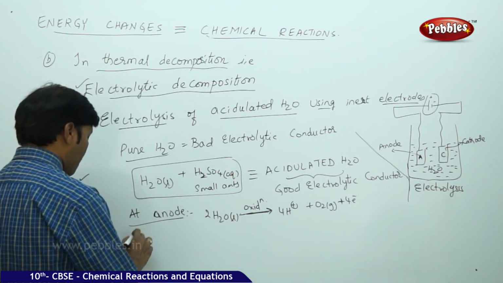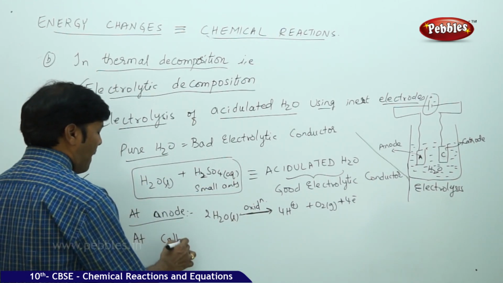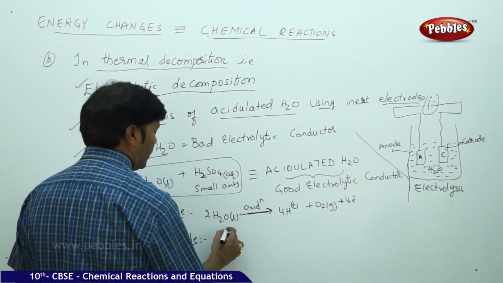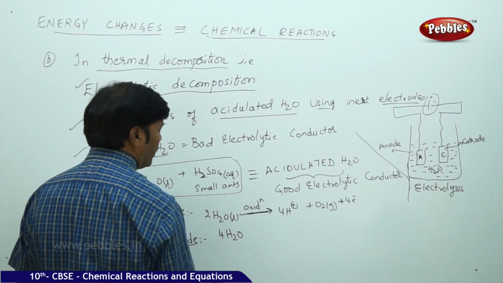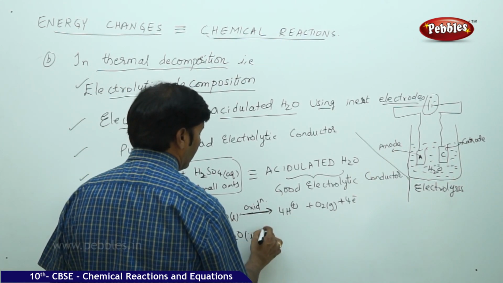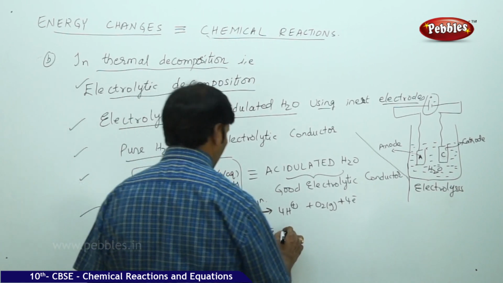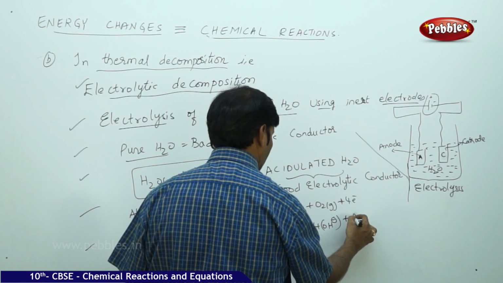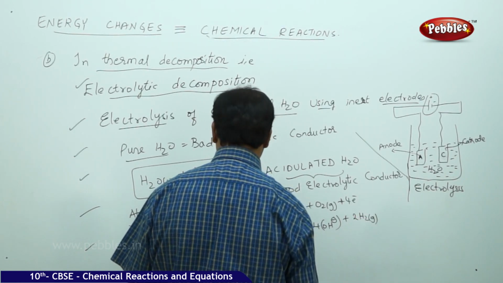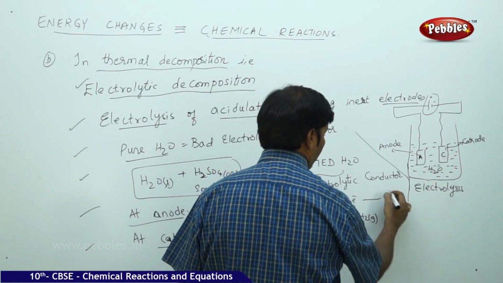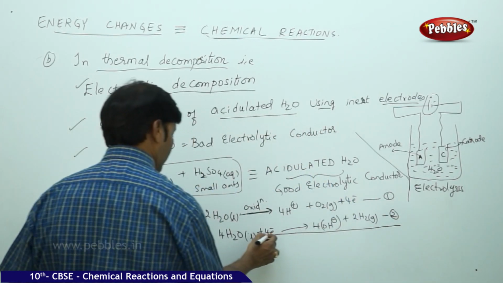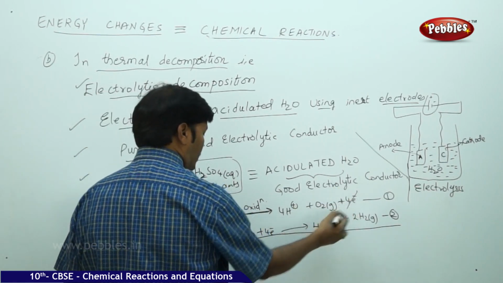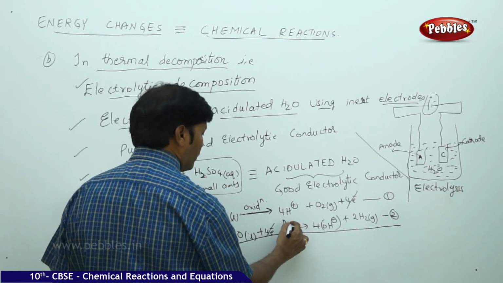At cathode, 4 molecules of H2O liquid plus 4 electrons give 4 OH minus ions plus 2 moles of H2 gas evolved. So this is the first equation and this is the second equation. When you add both equations, the 4 electrons and 4 electrons get cancelled. This is reduction.